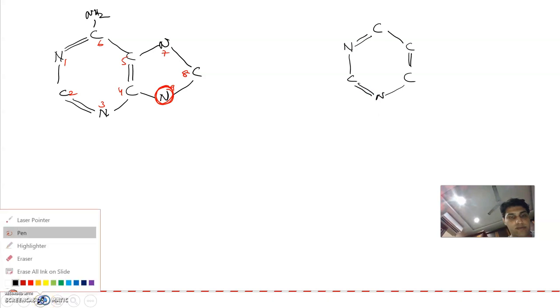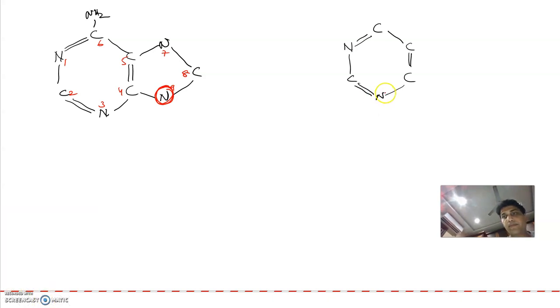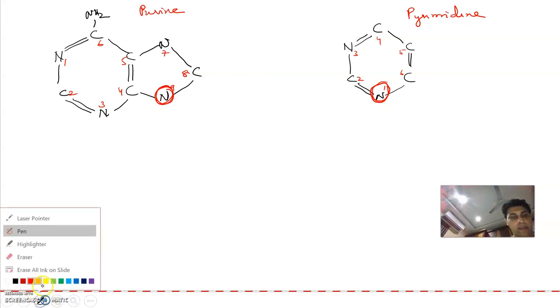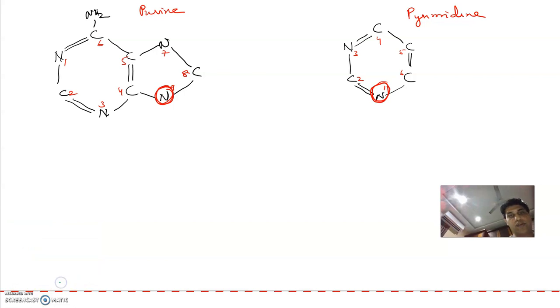We'll number this: 1, 2, 3, 4, 5, 6. So it is always N1 in a pyrimidine and always N9 in a purine. This N9 in purine and N1 in pyrimidine are attached to sugar molecules, a ribose.